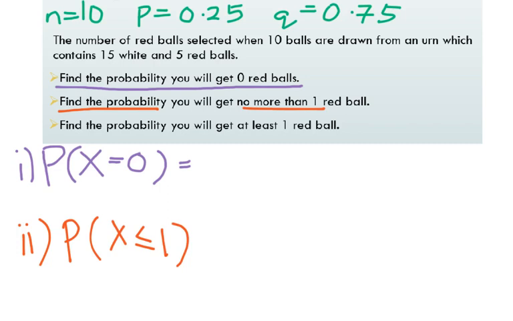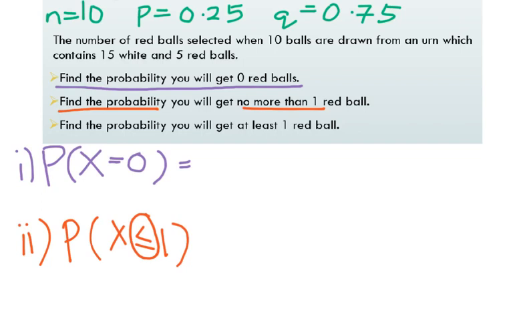Before we go with the calculation, you know that this one is not an equal sign, it's less than or equal. Less than or equal means that 1 is included.